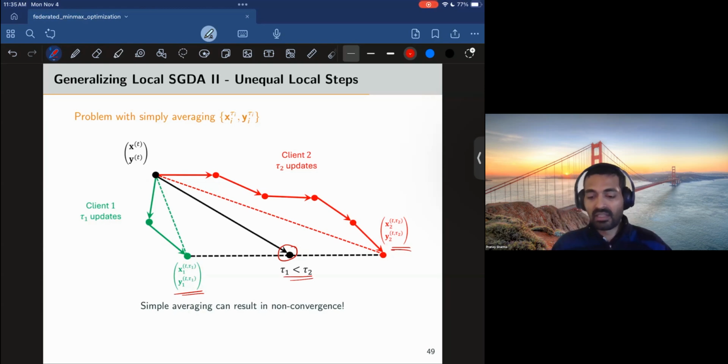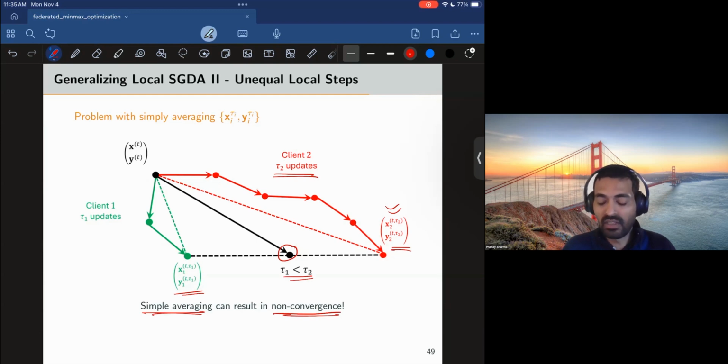What that means is that because tau2 is larger than tau1, it is likely that the average would be more biased towards the client which is carrying out more local steps, right? And you can show through examples that simply averaging the local iterates of the two clients can result in non-convergence when different clients are carrying out different numbers of local steps.